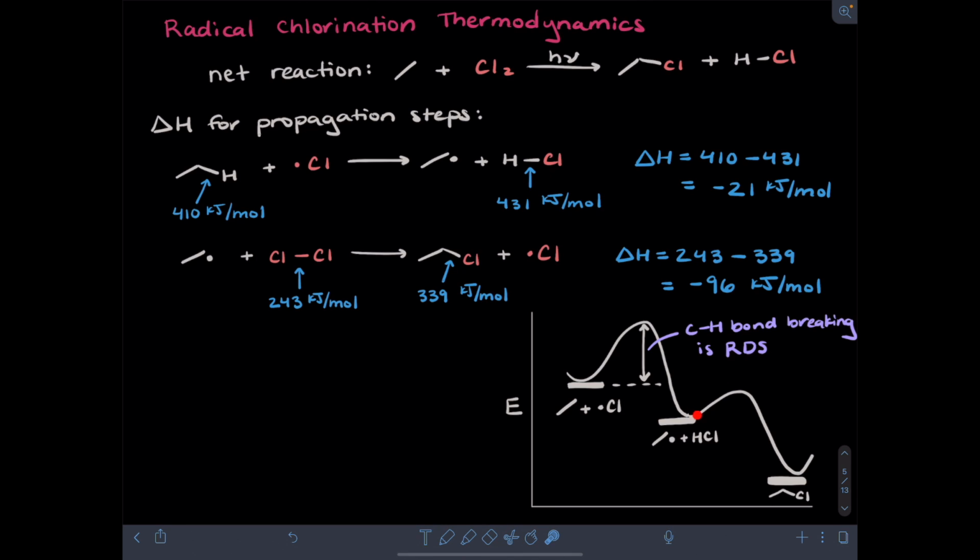The second propagation step, the halogen abstraction, is also exothermic, and it has a smaller barrier because it is not the rate-determining step. The important takeaway from radical chlorination that I want you to remember when I discuss radical bromination is that the hydrogen abstraction step by the chlorine radical is exothermic.